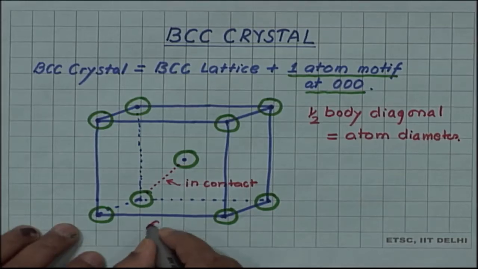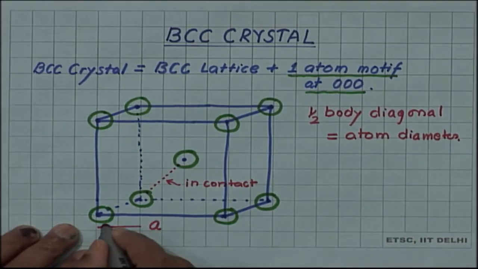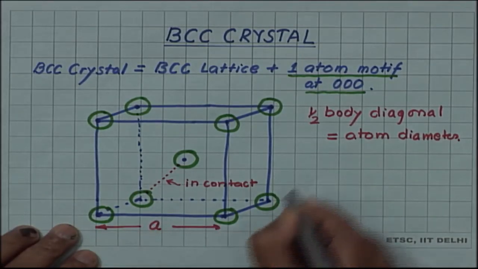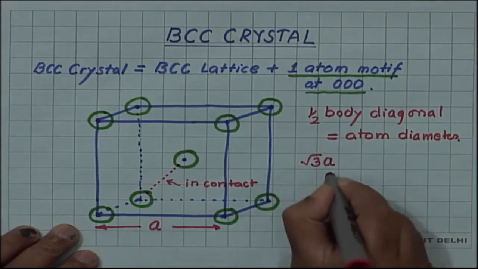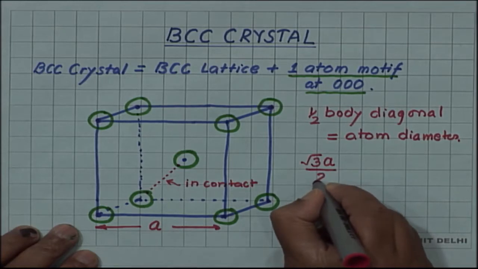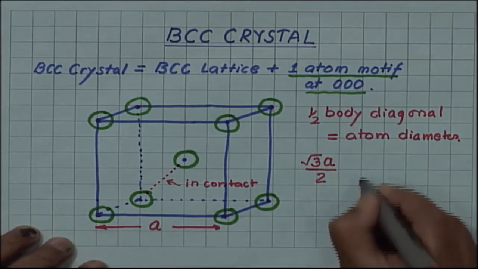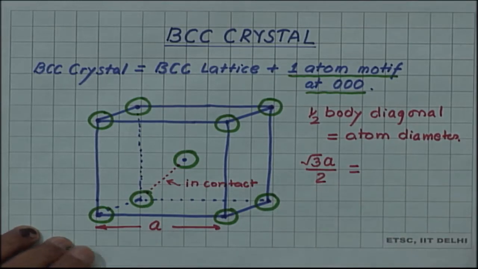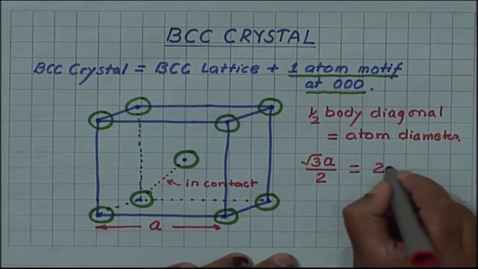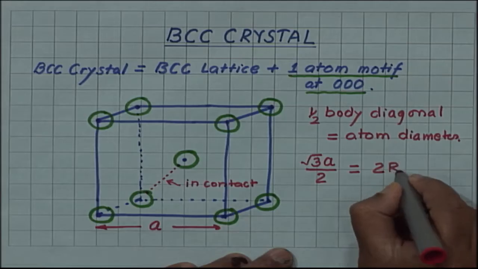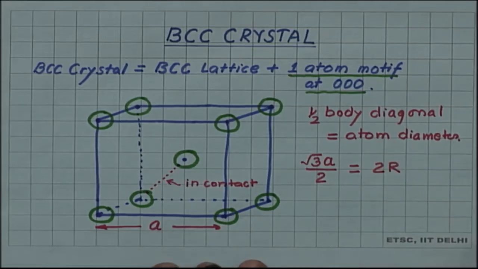So, if the edge of the cube, the lattice parameter, is A, we know that the body diagonal will be root 3 times A. So, half body diagonal will be root 3 A by 2 and the atom diameter is 2 times the radius of the atom, 2r.